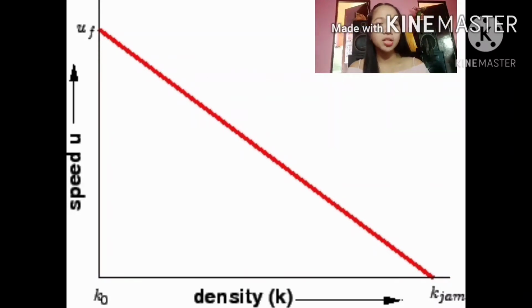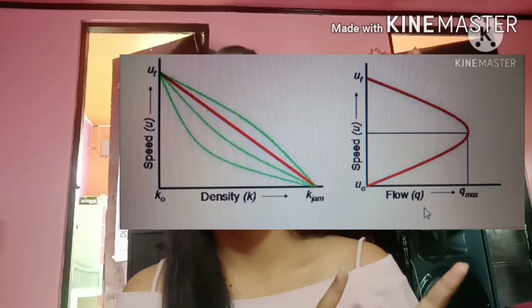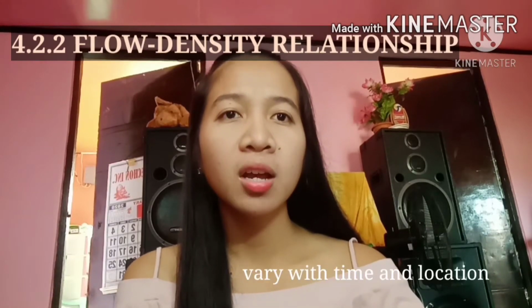So the speed reaches approximately 0 when density equals the jam density. The general form of Greenshields' speed-density relationship can be expressed as this, wherein C1 and C2 are constants. Well, it is also possible to have nonlinear relationships between speed and density as shown by the dotted lines. For flow-density relation, the flow and density vary with time and location.